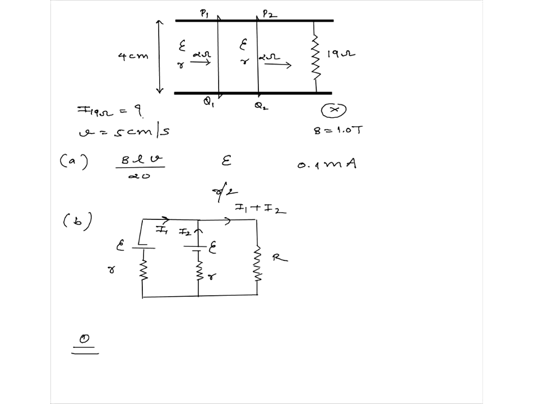Now suppose the left fellow is going to the left, and the right fellow is going to the right. Then what will be the current through 19 ohm resistor?